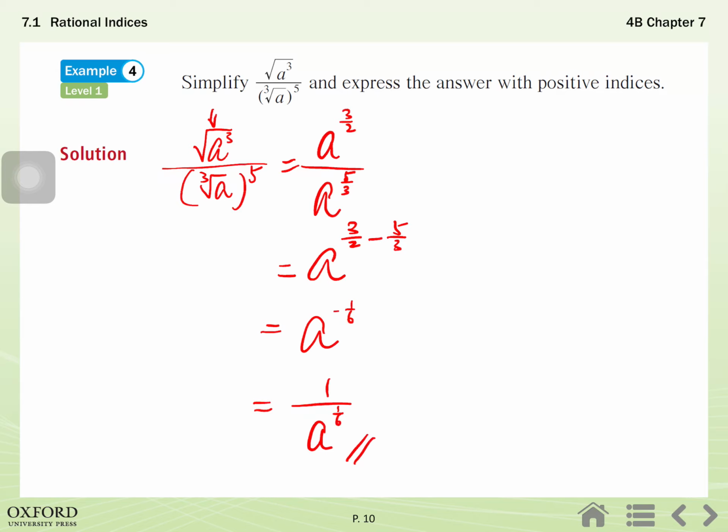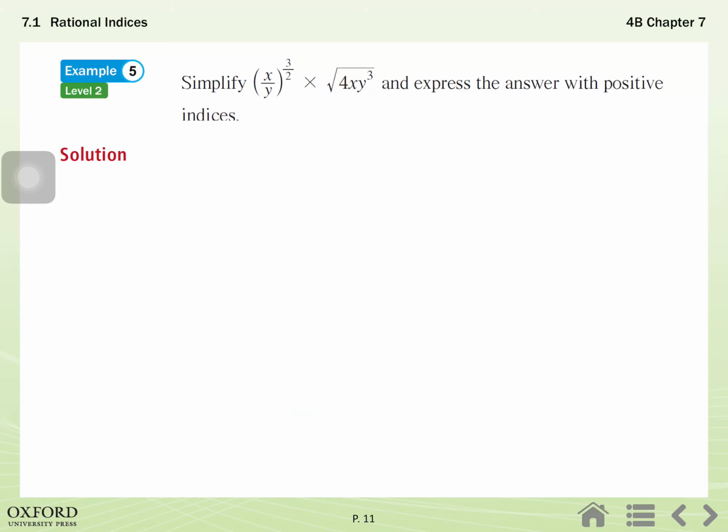Okay, next one. Example 5. Now you are asked to simplify this one. Once again, I copy the question, and then you have to turn them one by one carefully.